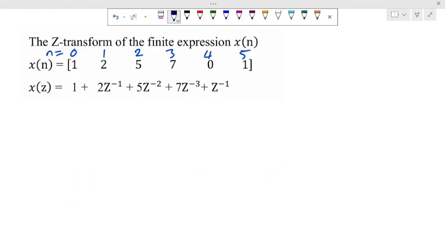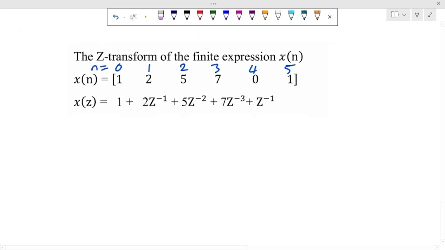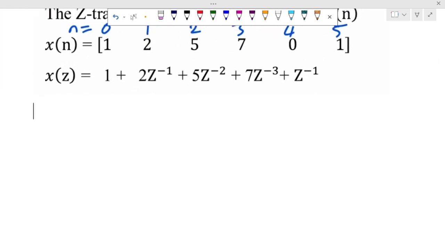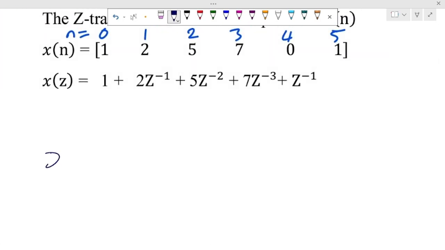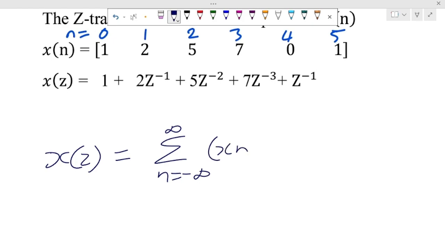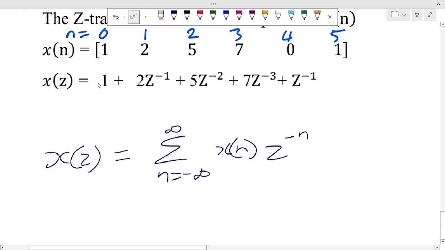We said the formula is x of z equals the summation over n, from negative infinity to positive infinity, of x of n times z raised to the power minus n.